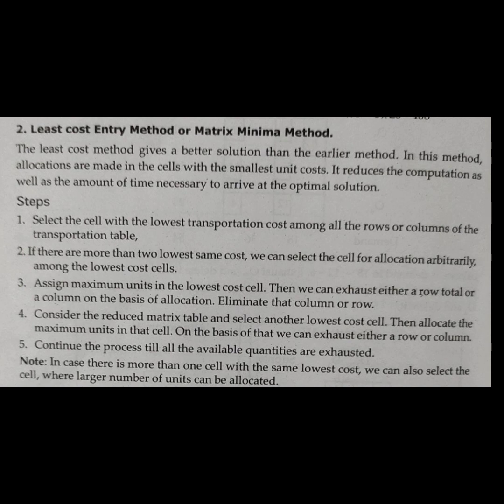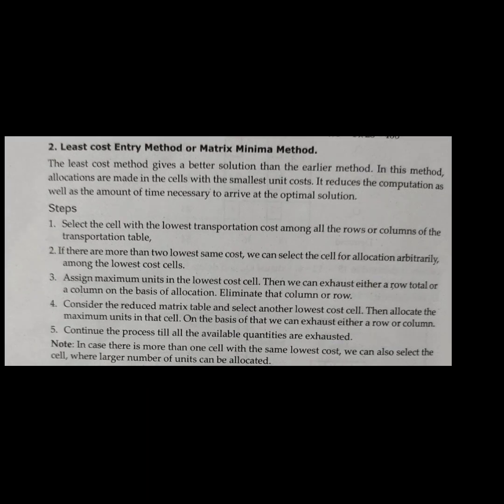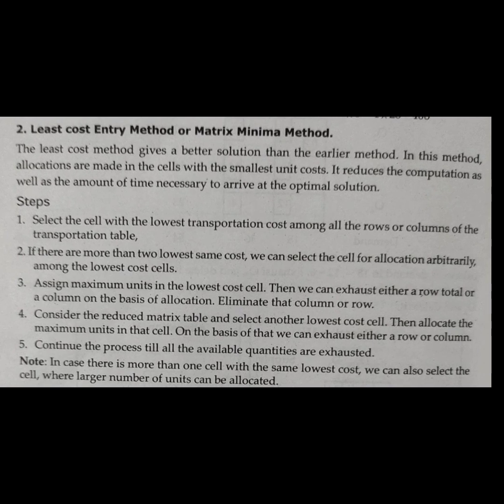These are the steps of the least cost entry method or matrix minima method. The first one is to select the cell with the lowest transportation cost among all the rows or columns of the transportation table. The next step: if there are two or more cells with the same lowest cost, we can select the cell for allocation arbitrarily among the lowest cost cells.